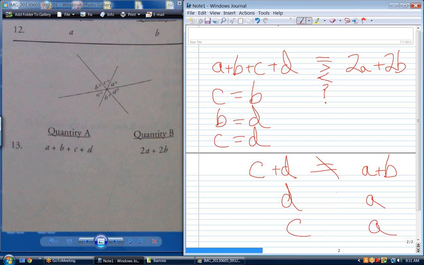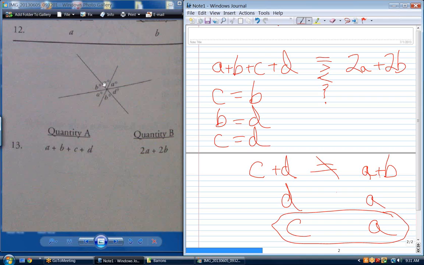Now, I'm looking at it graphically and trying to see, once I get down to this final step where I'm comparing C and A, can I figure out which one is bigger? Notice if I take this line right here and move it and rotate it, I can make C bigger or I can make A bigger.